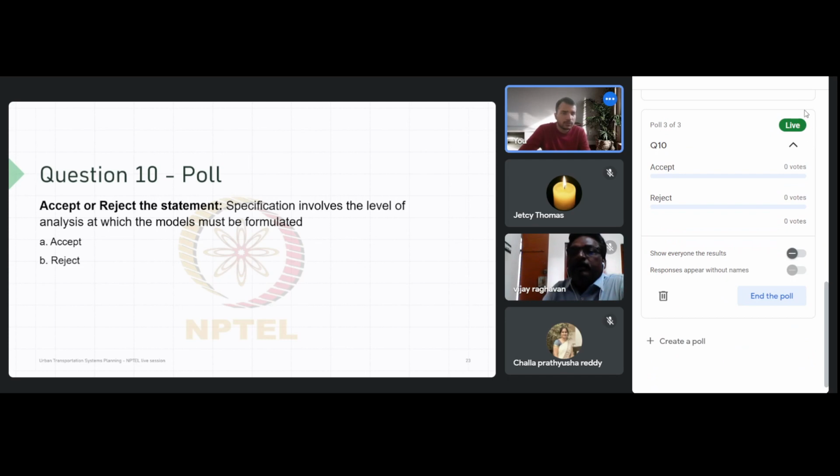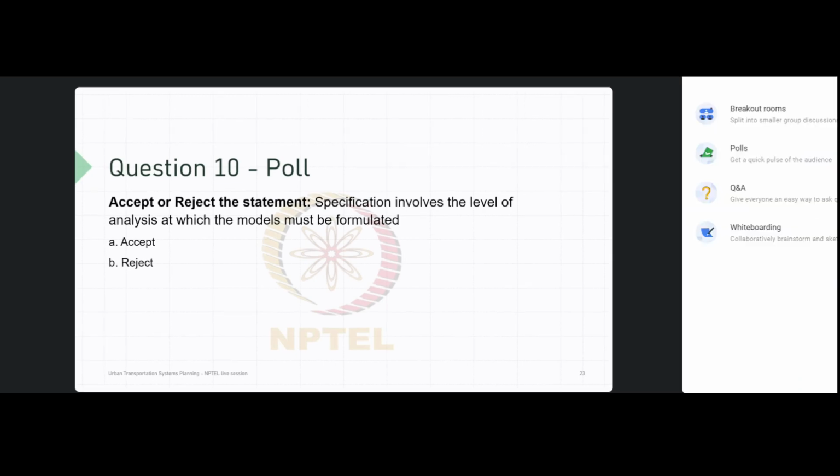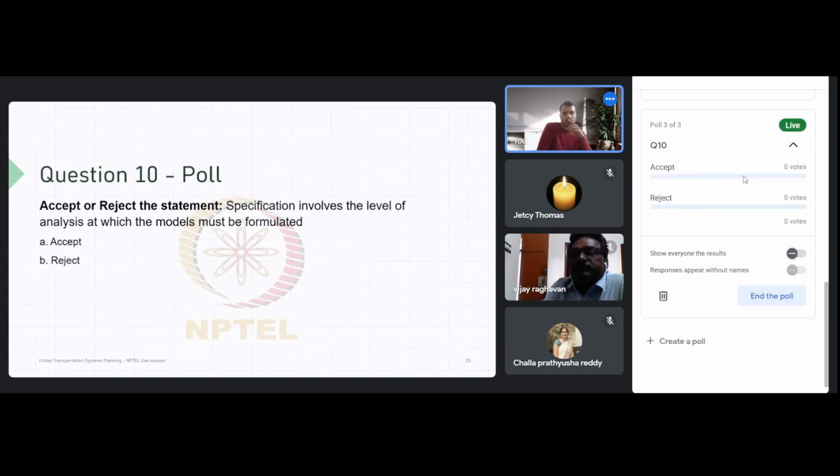You can respond there. You can also respond in the chat. Okay, so we have one person responding.